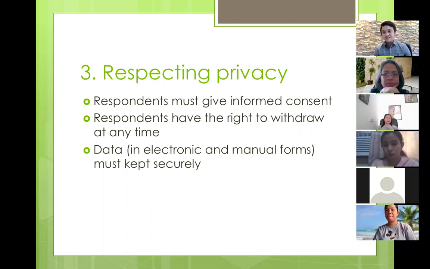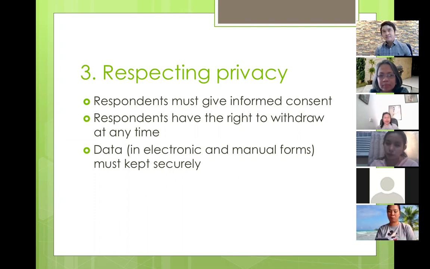Even the contact numbers, email addresses, dapat hindi yan pinagkakalat. So I suggest, if you have a manual instrument, shred them afterwards. If you have an electronic copy, you put them securely in your laptop, no? At hindi nyo dapat isinisend kung saan-saan.